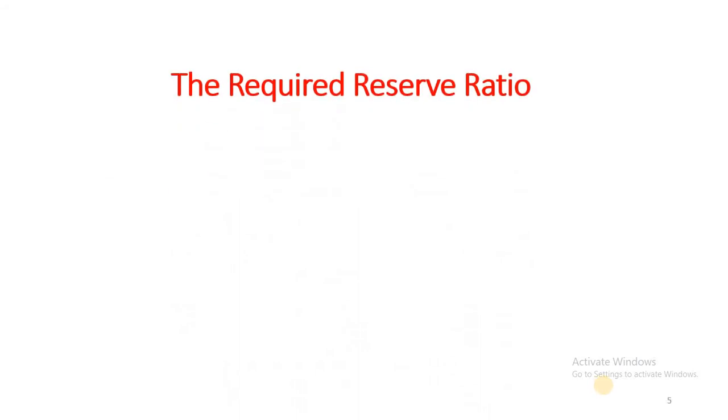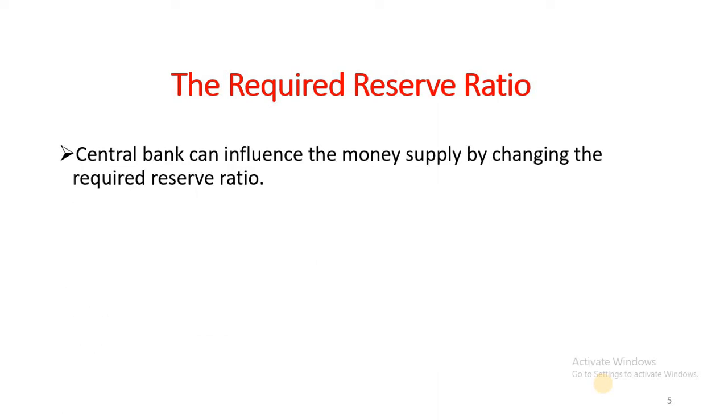Now we look at the required reserve ratio. Banks around the world are legally required to reserve a portion of the deposits that they collect from the depositors. And the central bank of any country can change the required reserve ratio.